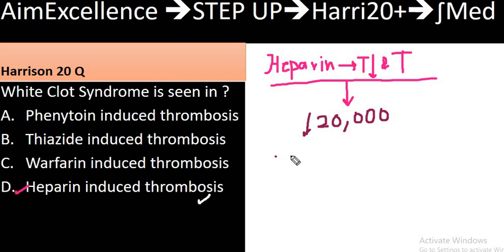But the thrombocytosis results in thrombosis in both the limb and the pulmonary vessels.